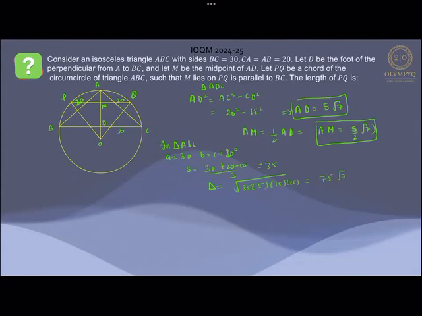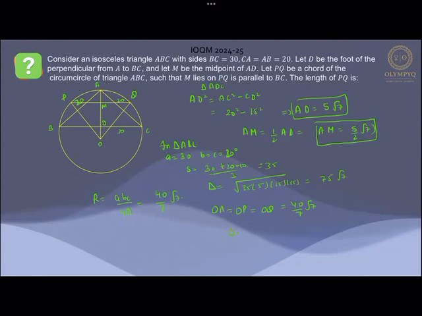Now as we know, the radius of a circumcircle is nothing but abc by 4 delta. So all the values have been mentioned, and from here we can get the radius as 40 by 7 root 7. Now we can see that OA, OP and OQ are all equal to 40 by 7 root 7.